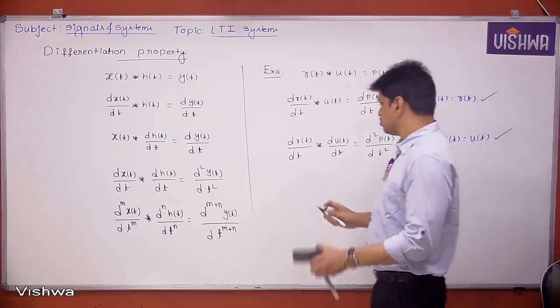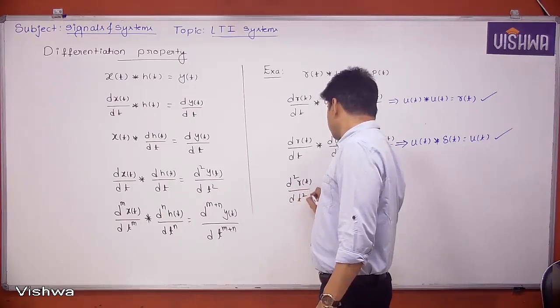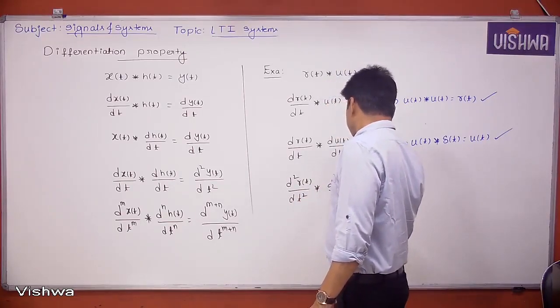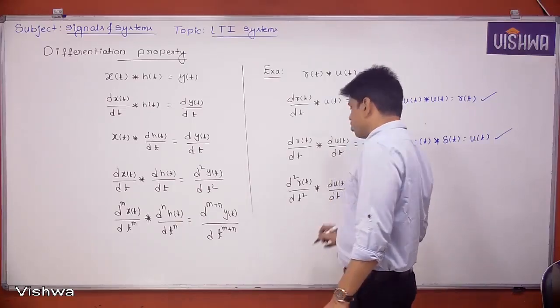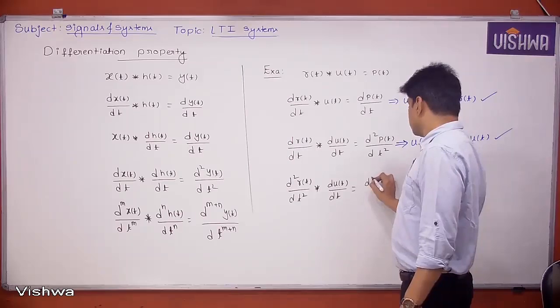Suppose if I do d square r of t by dt square convolution with du of t by dt. From the property, 2 times differentiation, 1 time differentiation, so we have to do the 3 times differentiation.